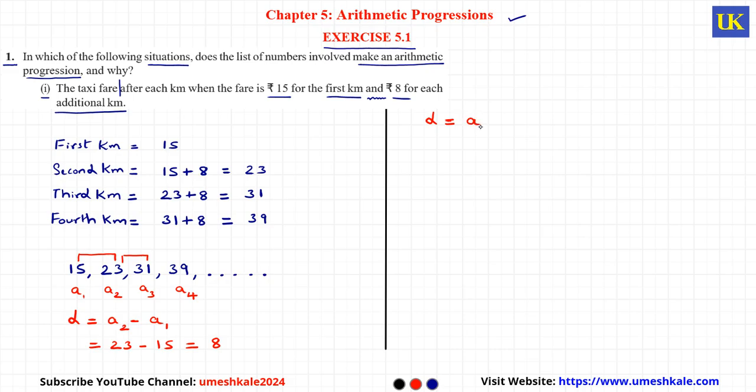So next time we need to check a3 minus a2. Now a3 is how much? A3 is the third term, 31. So 31 minus a2, and a2 is 23. So here also the difference is 8.